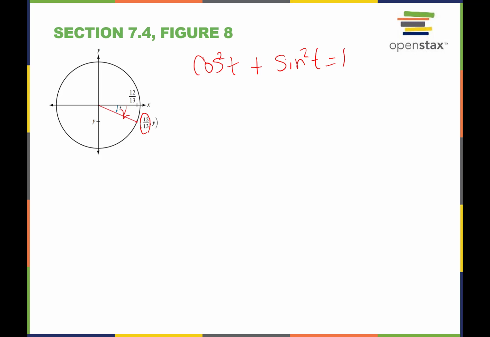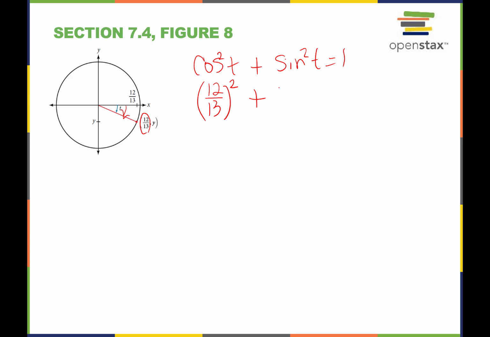It's 12 over 13. So I'm going to replace cosine squared t with 12 over 13 squared. And what I'm going to do is solve for sine squared because I know that that's going to give me my y squared. And then I can square root both sides and find out what my y is. Once I know what my x and y coordinate values are, then I can find all the other trig functions.